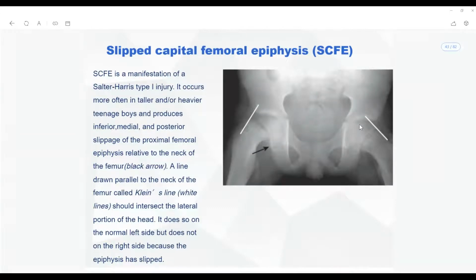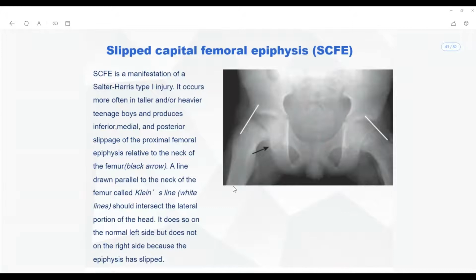A line drawn along the neck of the femur should intersect the lateral portion of the head, because the hip joint is present as a straight line. But here we cannot see that, and you can see the line is displaced superiorly. By this we can understand that there is a displacement, which also causes shortening of the length on the right side.